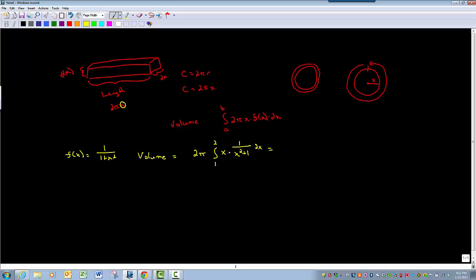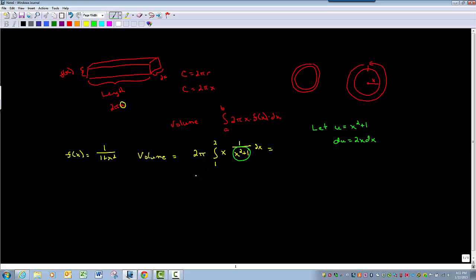So I'm going to find an antiderivative for this inside here. How I'm going to do that is I'm going to let u be equal to x squared plus 1. By letting it be equal to that, du is equal to 2x dx.